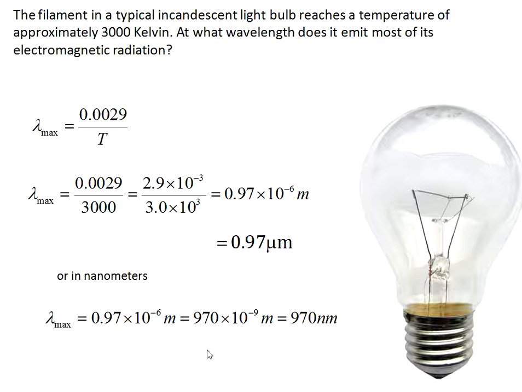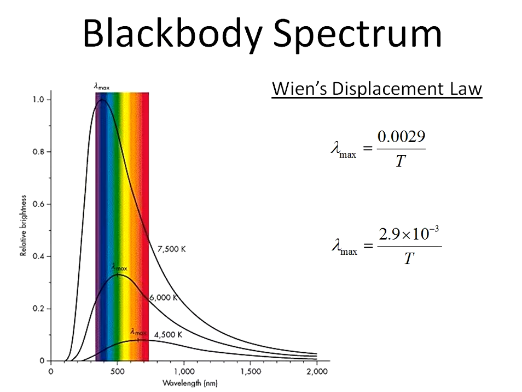We also converted that into nanometers, so we got an answer of 970 nanometers, and we identified that as being in the infrared, because you'll remember that the visible part of the electromagnetic spectrum that we can see with our eyes ranges from around 350 at the short end, that's violet light, up to 700 at the long end, that's red light. So 970 is longer than 700, so it's in the infrared. And so that was fun.